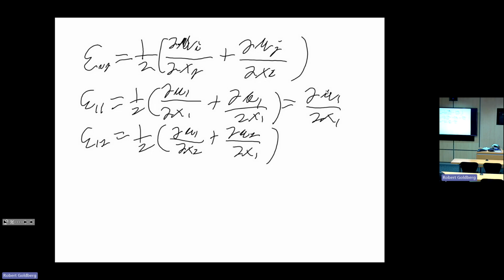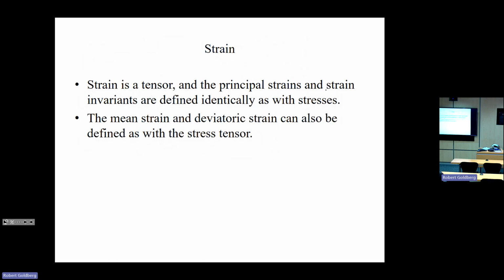Now you look in here, classic definition, and we're going to, in just a minute, talk about the relation between the classic definition and what you're used to thinking of when you think of strains. In the strict definition of mechanics, strain is a tensor, just like the stresses. And you can define principal strains and strain invariants the same way you did with stresses.